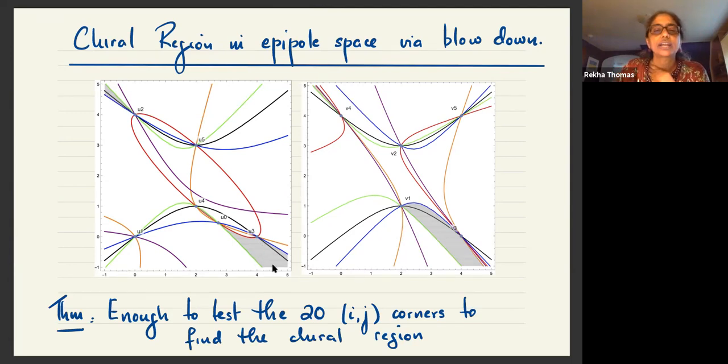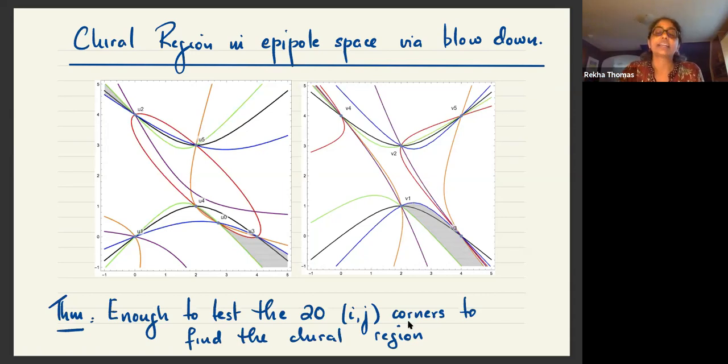So you see these shaded regions that are bounded by conics, which we can construct. And that's exactly where the chiral regions are, meaning that the 2 epipoles of your cameras have to live in the 2 shaded regions. One has to live in this gray part, and the other one has to live in the other gray part. Okay, so you can see these chiral regions in the P2 cross P2 after the blowdown.